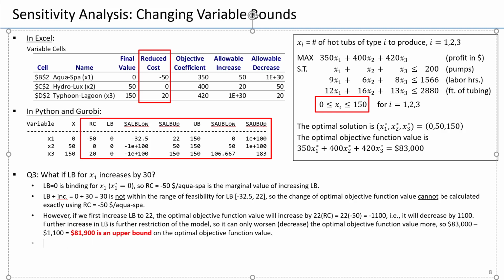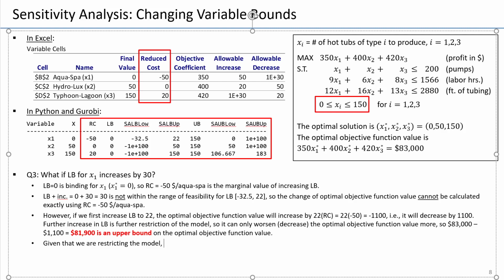Another way of looking at it is that given that we are restricting the model with this increase of the lower bound from 0 to 30, we know up to 22 the reduced cost is this minus 50. But what will be the reduced cost above 22?